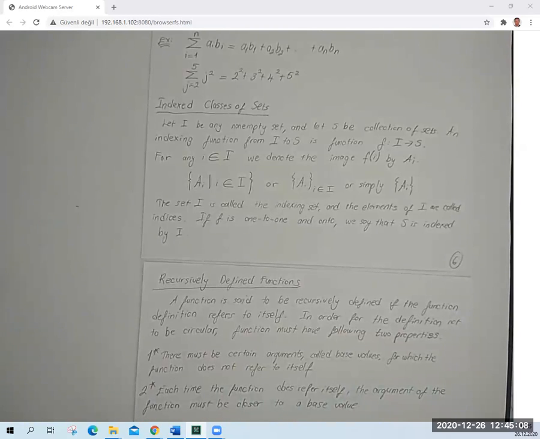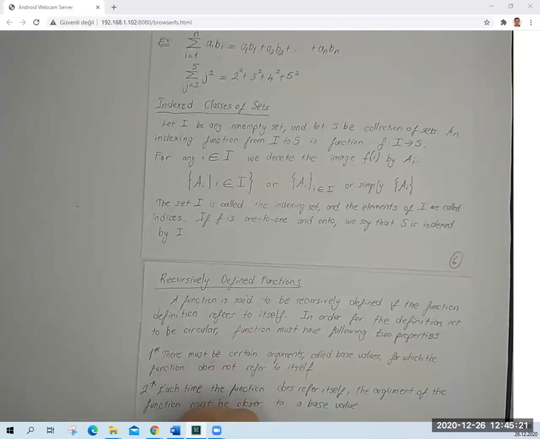So what are examples of a recursively defined function? The first and easiest example is the factorial function. What is the factorial function?